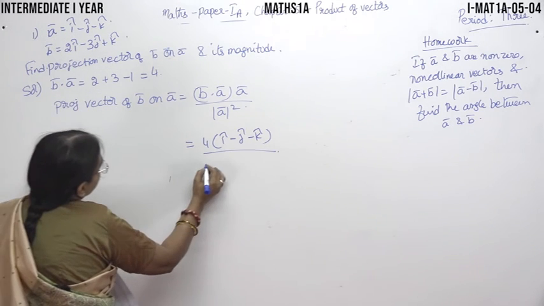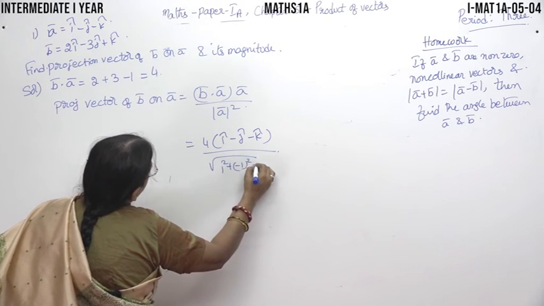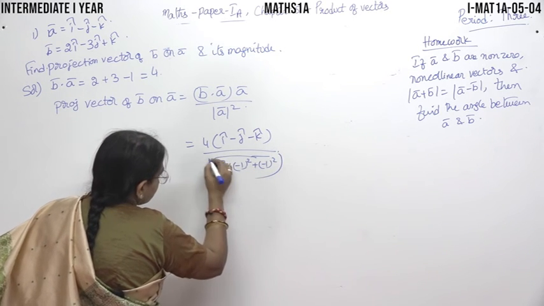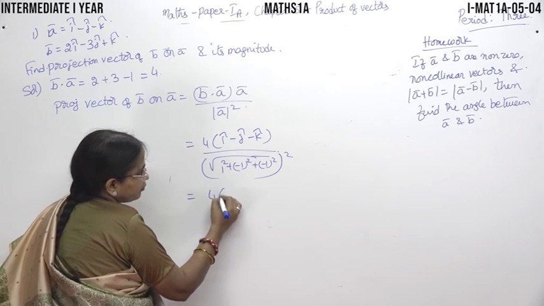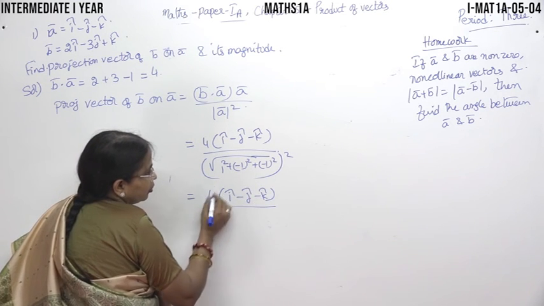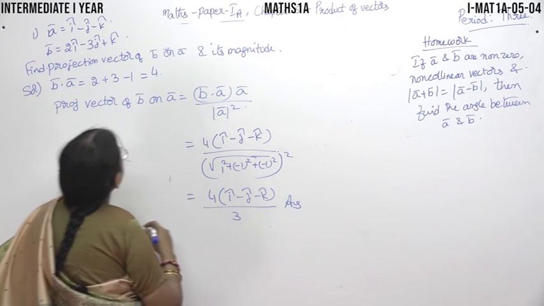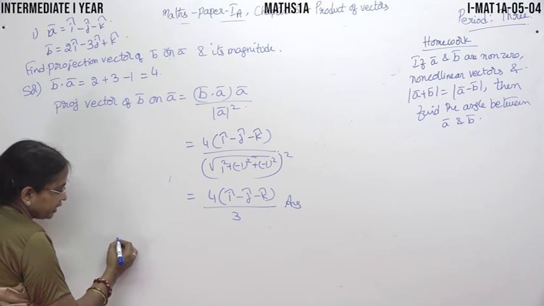Root of 1 square plus minus 1 whole square plus minus 1 whole square, whole thing squared, so the root will go. So it is 4 into I minus J minus K by root 3 whole square, that is 3. So this is your answer, the projection vector of B on A. Now you must find its magnitude.